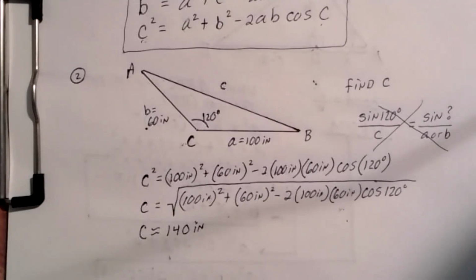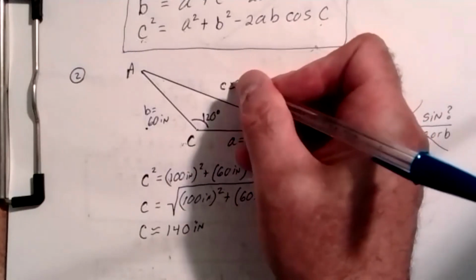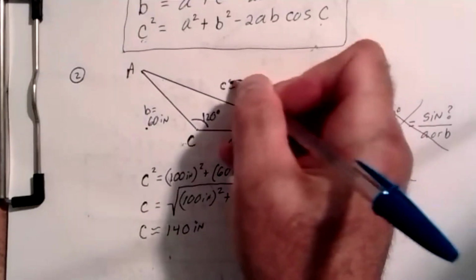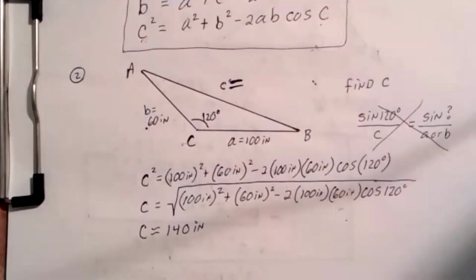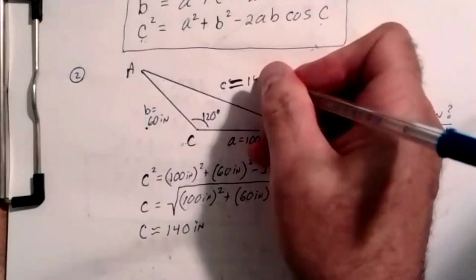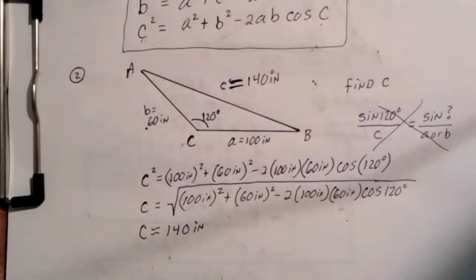Anybody out there get that? Hang on, Mr. O, I'm still working. I accidentally didn't have it in degrees, so I'm doing it again. Actually, that's exact. That's not even approximate. That gives you an exact. I didn't have to round off there. Yeah. If you can get 140. I got 142. Okay, 140 inches for side C.